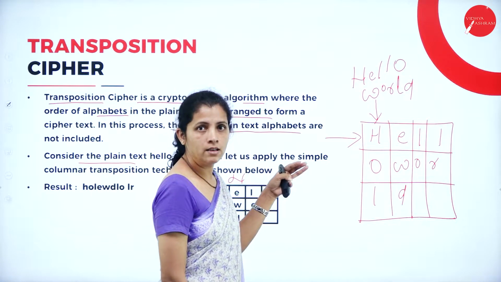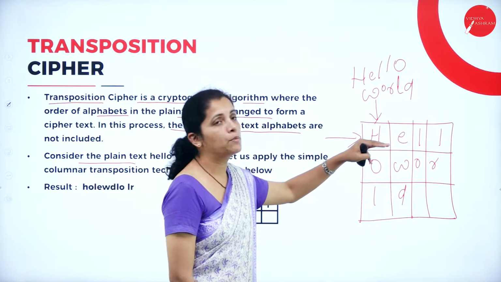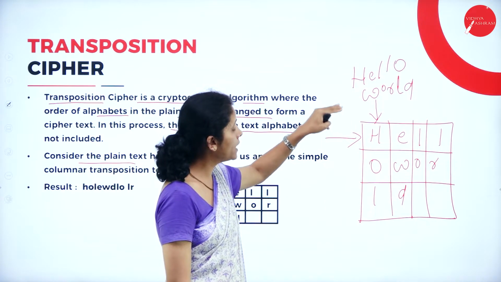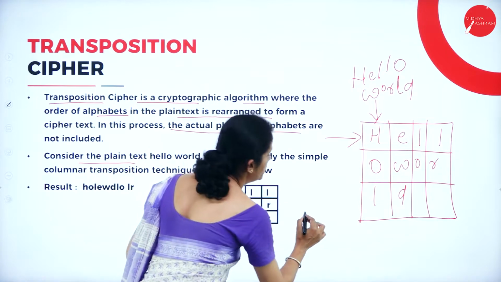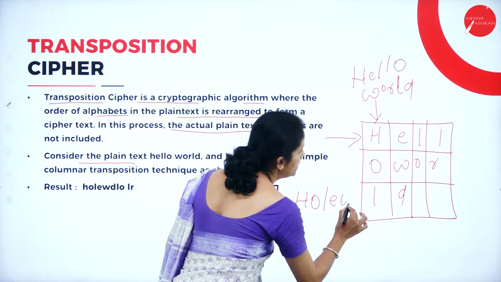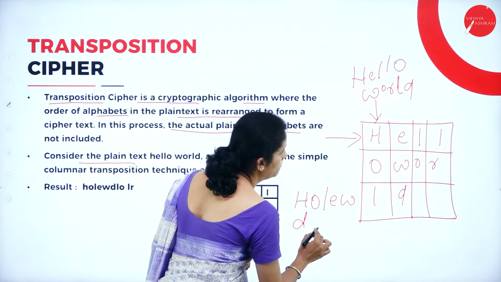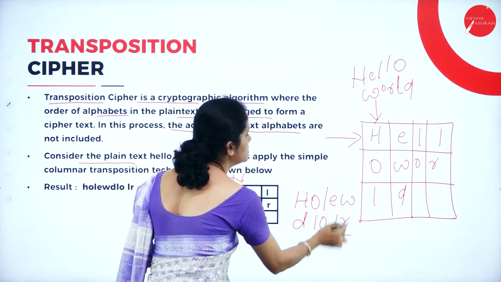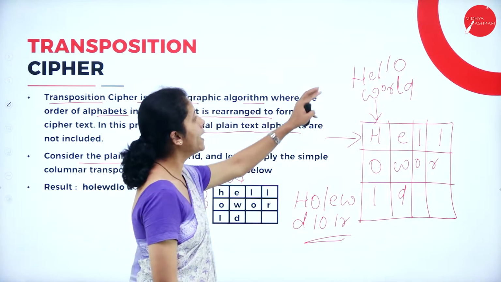While writing my plain text, I write row wise, and while writing my ciphertext, I write column wise. So it is HOLEWDLOR.